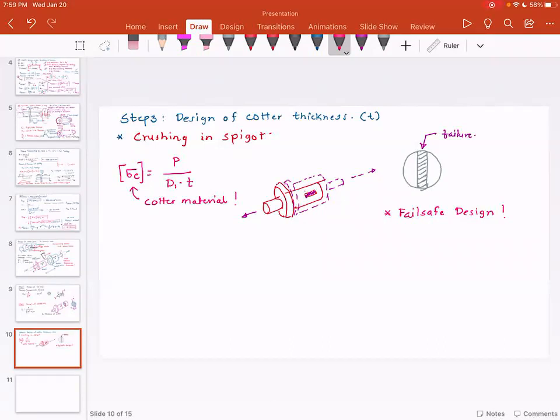And based on the quarter material, you will find out, from this equation, please note, D1 times T. D1 times T is P divided by sigma C. And D1 times T is known. Now, once D1 times T is known, you will go back, please note, go back.